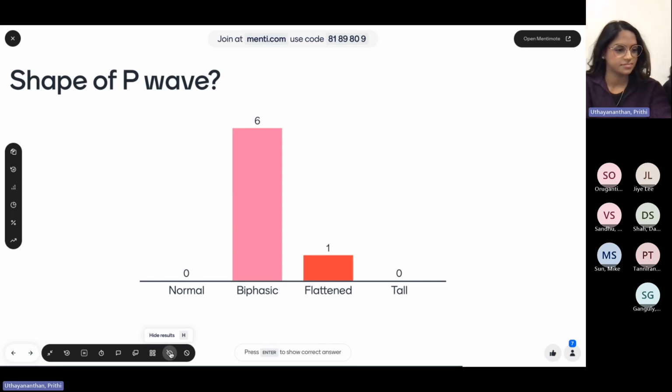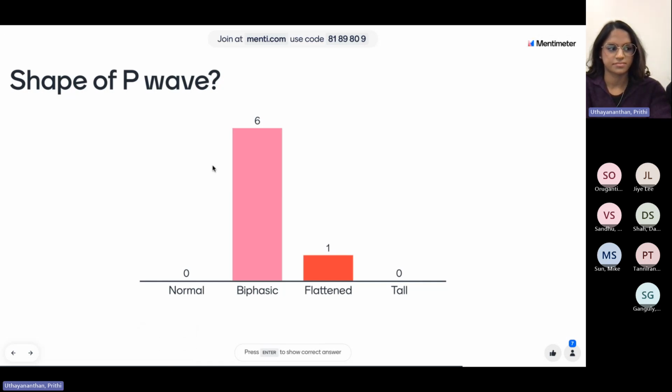Okay, so I think majority of people have gone with biphasic. So looking at the ECG, because it is tachycardic, I think what people think is biphasic is actually the T wave and the P wave kind of being really close together. So it's actually a normal P wave. It's just because the heart is beating really fast.